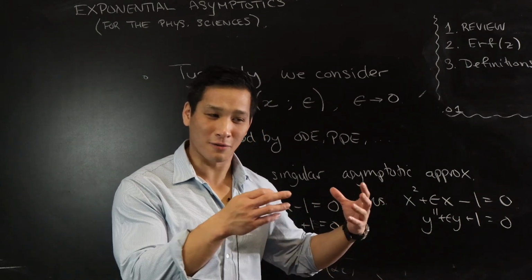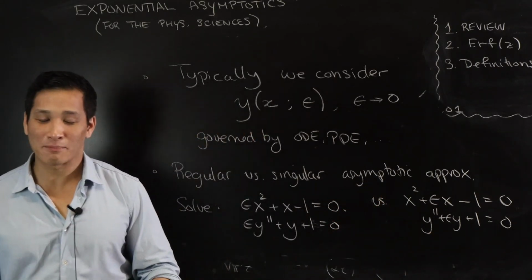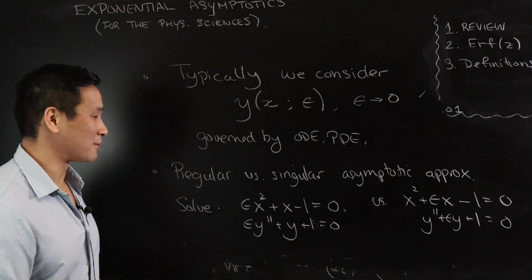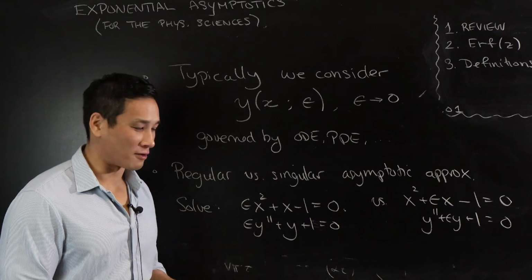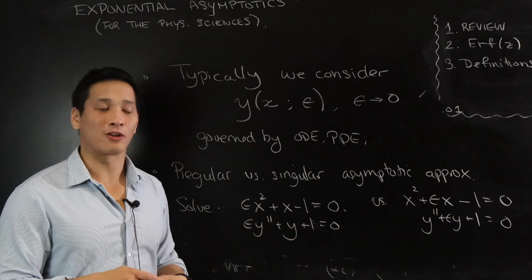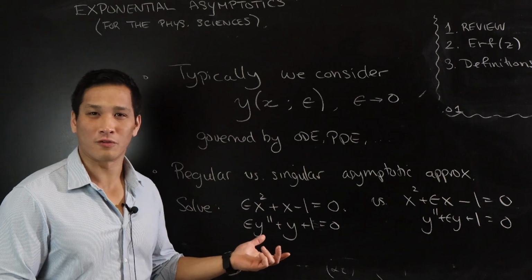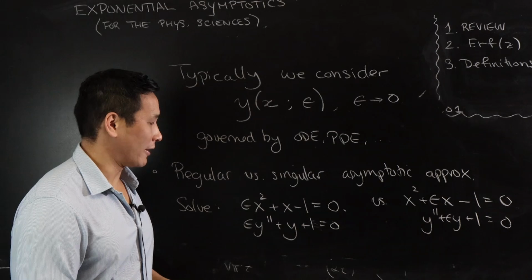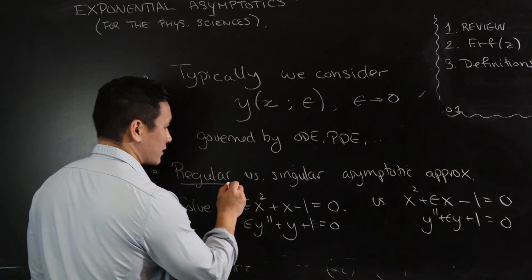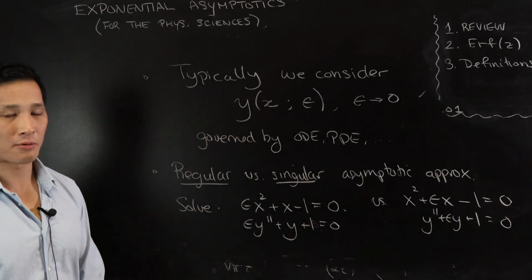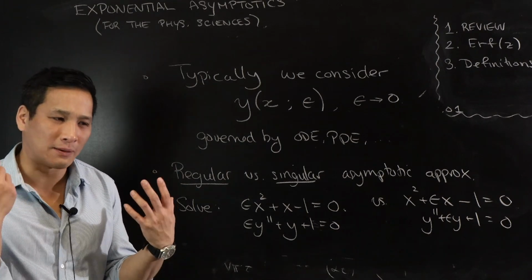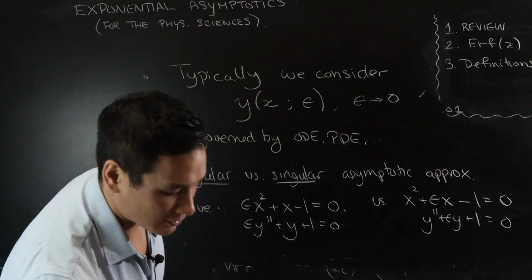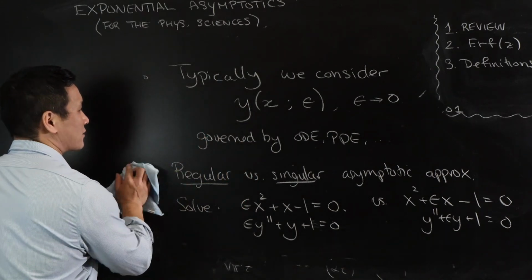And the basic punchline is that most of the interesting problems, most of the cool problems in asymptotic analysis involve singular perturbative phenomena. You can have singular perturbative phenomena without multiplying the highest derivative for things like multi-scale problems that we might or might not see later. But this is an important distinction between regular and singular problems. And for the most part, the only thing you have to keep in mind is that it's singular if the behavior at epsilon equal to 0 is very different from the behavior when epsilon is not 0.